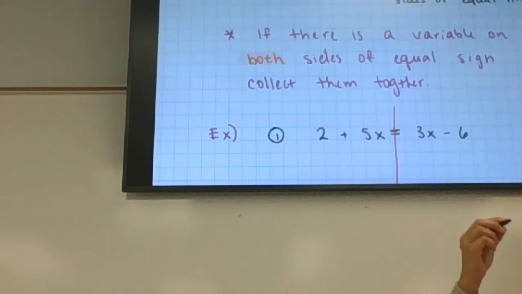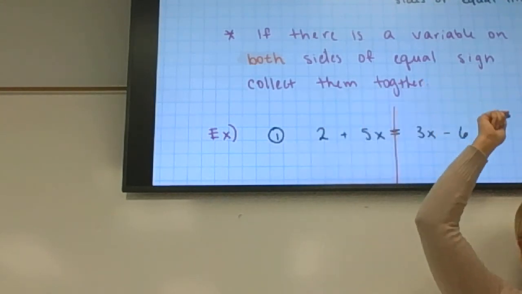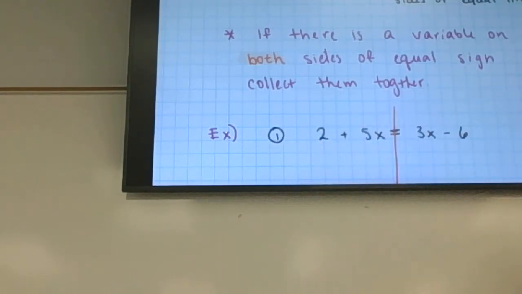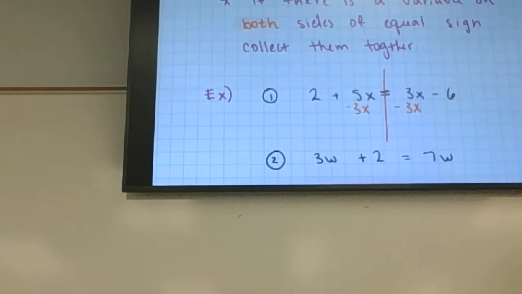Alright, so we got a 3x and it's separated from 5x, and x's are not happy when they're separated like that. They need to be together. I'm going to look at this 3x. It's actually positive, so I'm going to subtract it. I ran out of room, as I do in every single problem.